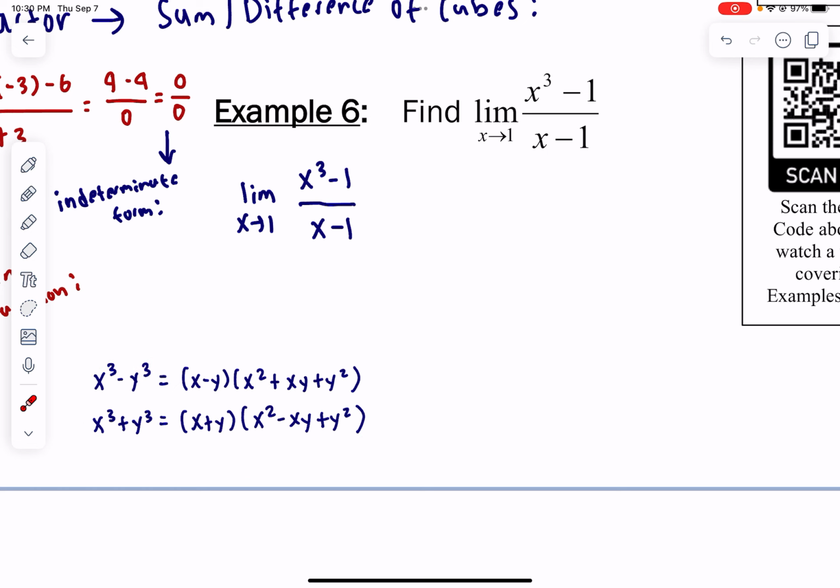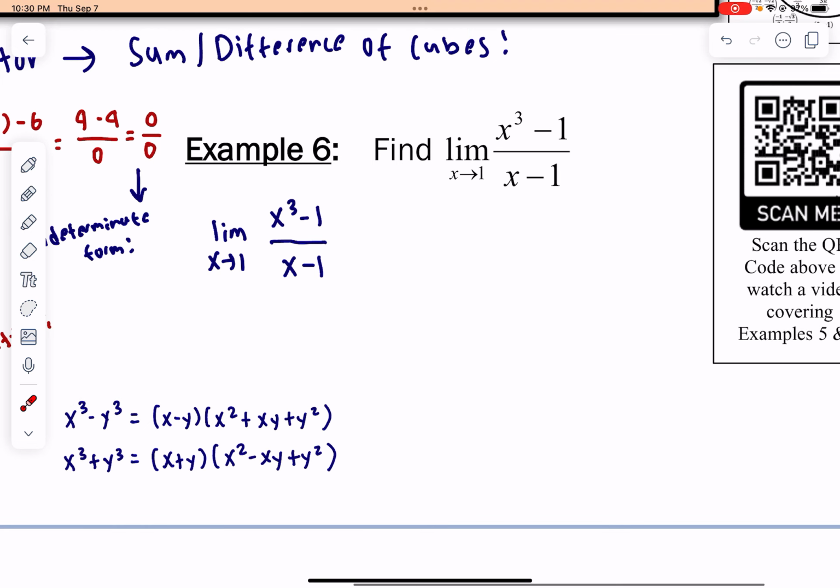Okay, so let's look at example 6. Right away, if you look at the numerator, we have x cubed minus 1. That is actually a difference of cubes. So I'm going to focus on x cubed minus 1 on the side. I'm going to write it over here in the bottom, x cubed minus 1.